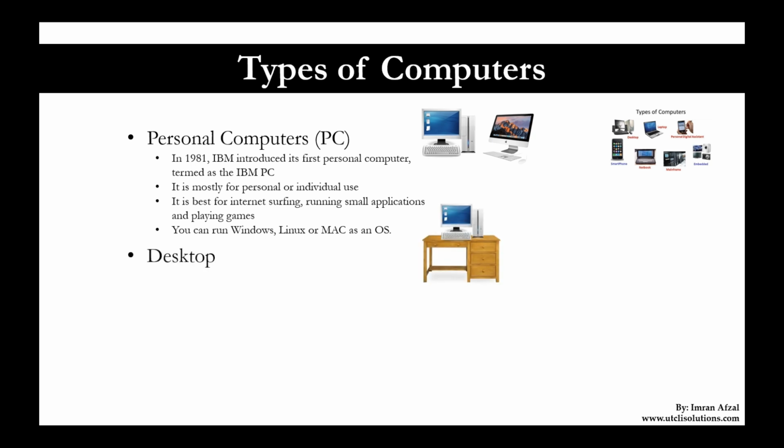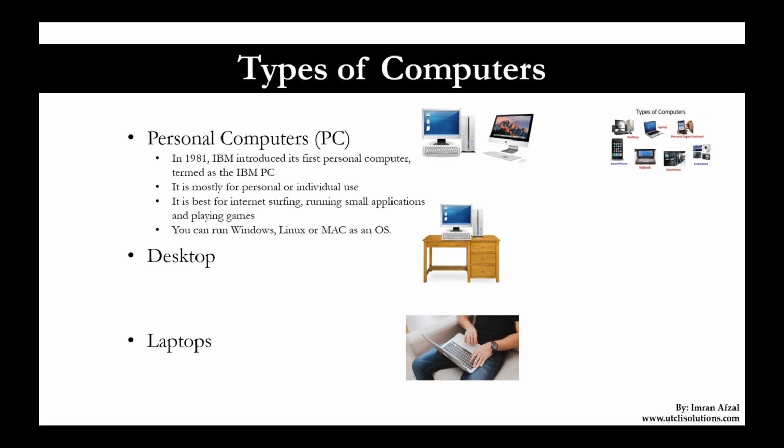So then we have desktops. Basically, desktop is the same as PC, but when you take that PC and you put it on top of your desk, it becomes a desktop. Yes, it's that simple. Then we have a laptop. Similarly, like desktop, you put it on desk. Laptops actually go on top of your lap. It is very convenient, very mobile.